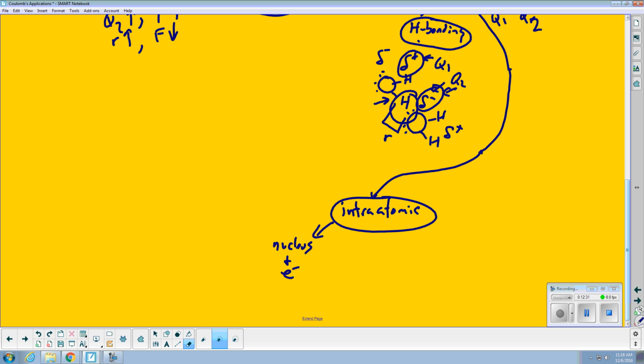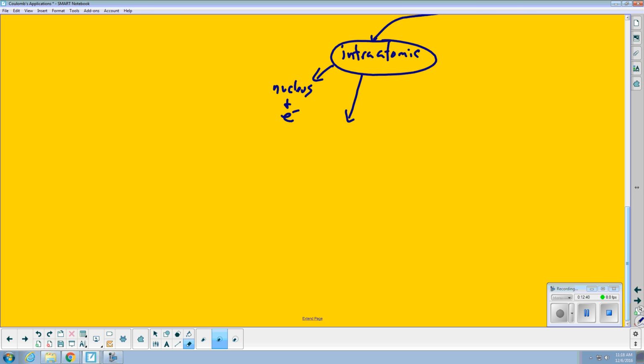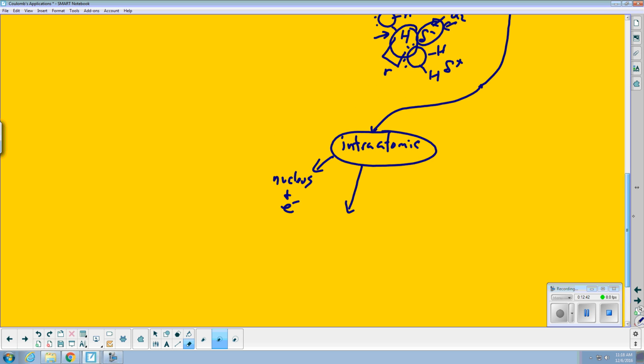In case of ionization, we're usually talking about the nucleus and the valence electrons. So then, how does Coulomb's law manifest itself here? Well, my Q1 is going to be my Z effective, my effective nuclear charge. My Q2 is going to be the charge on my electron.